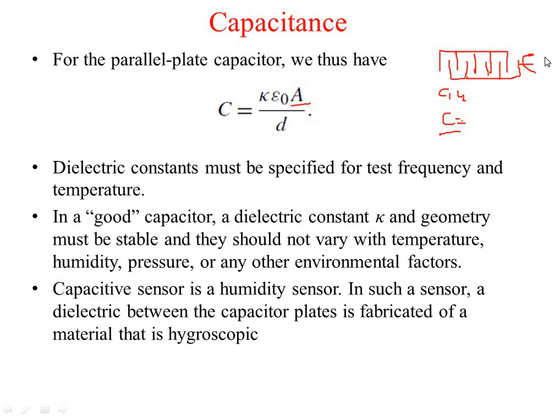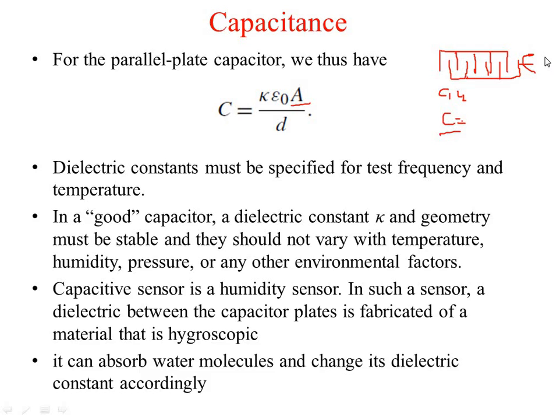This is one example of how the capacitance can be used to measure humidity. Now you can use the same capacitance for measuring the water level also, or the level of a tank.